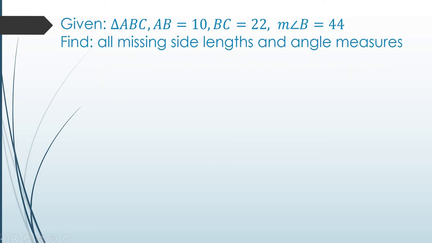Let's do a couple. So triangle ABC, where AB, and remember we also call that small letter c, is 10. BC, and that's lowercase a across from angle A, is 22.